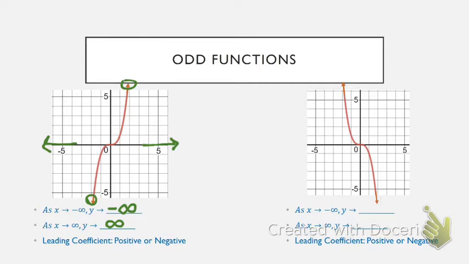Now, leading coefficient positive or negative, this is one that may be a little more confusing because this graph we haven't seen before. So for leading coefficient, we're going to look at this right arrow. The right arrow is going up, so my leading coefficient is positive.